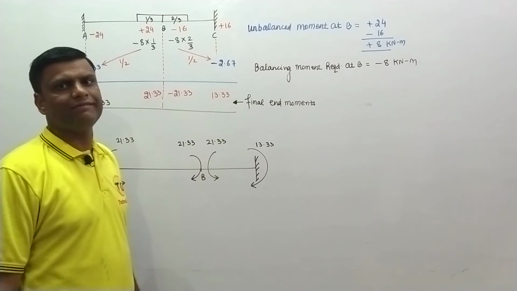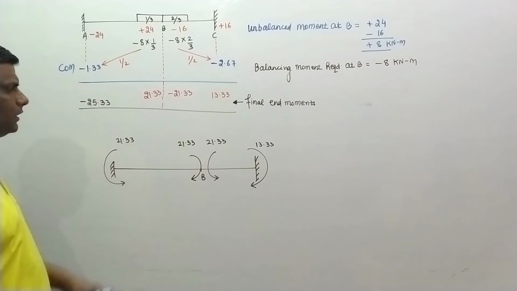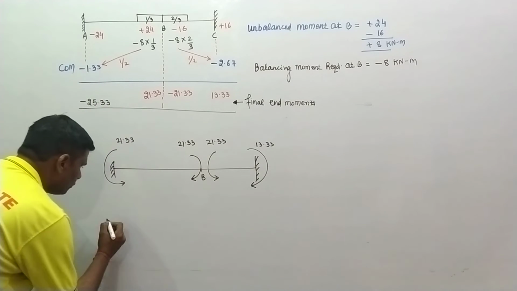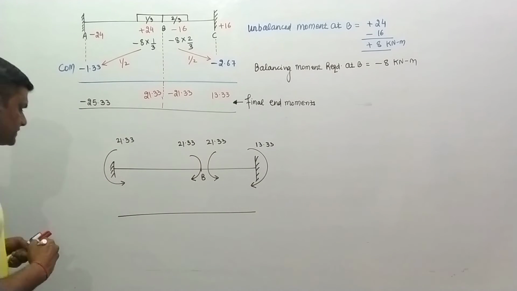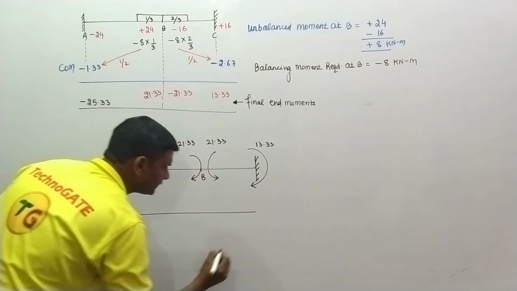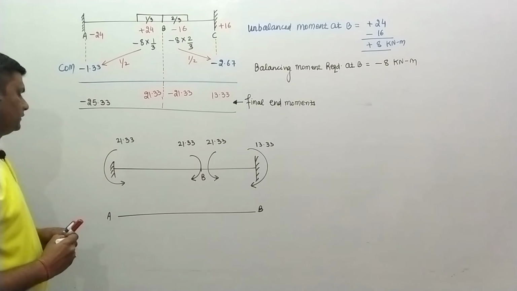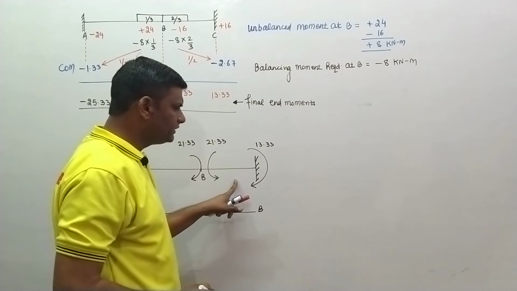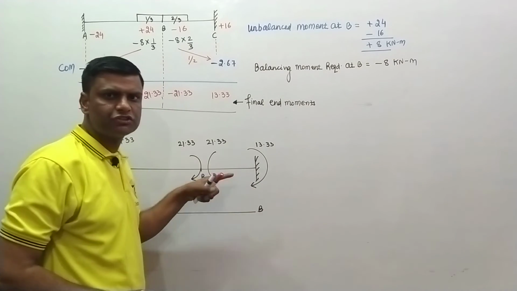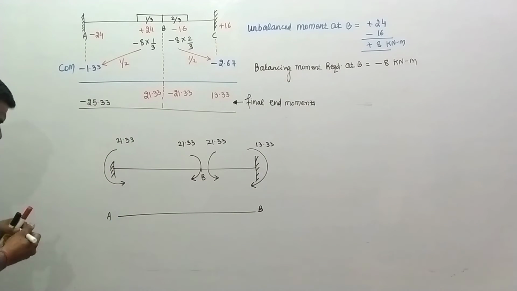So all the values are negative, striking at the bottom face. So the bending moment diagram, end moment diagram will be, this is the beam. Since the arrow is striking downward side, it means all the values are negative.